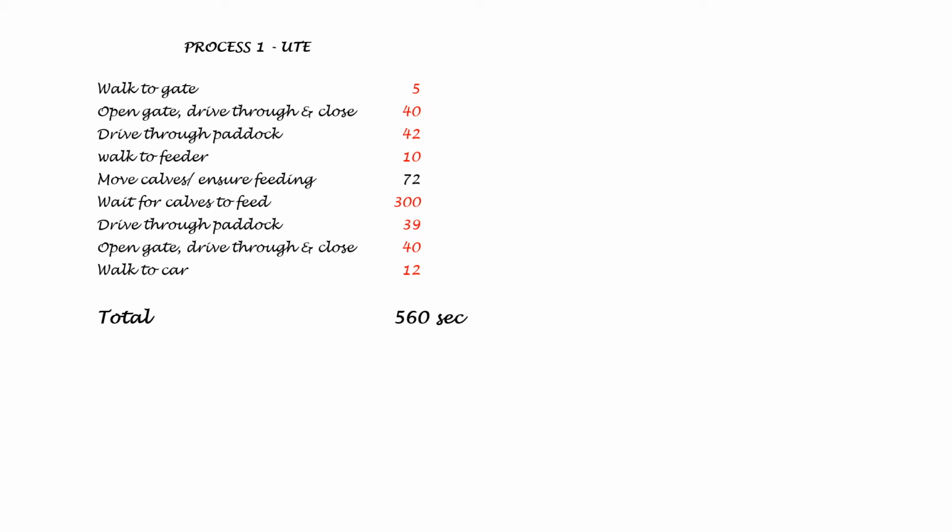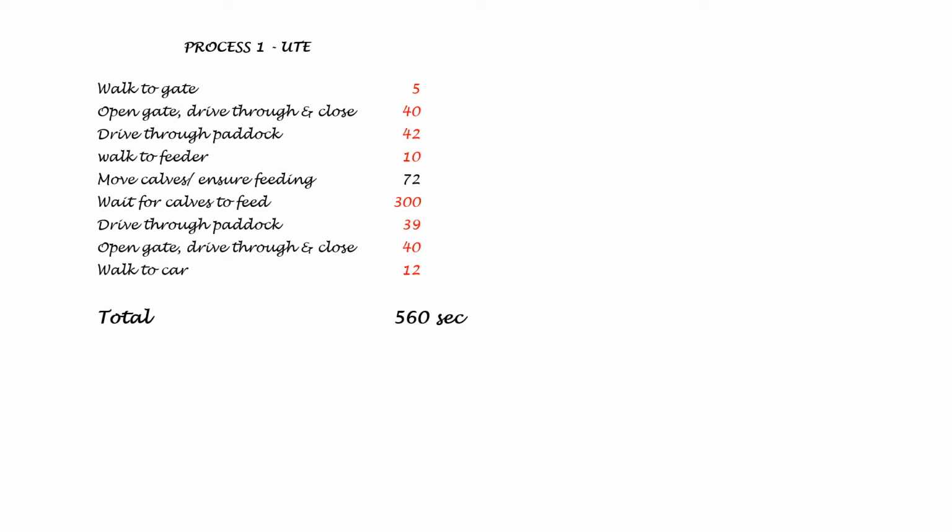Now, this activity here called move calves and ensure feeding, with 72 seconds, I've been quite generous here in saying that that's value added, but in fact this is a quality control activity. This is us checking that the calves are in fact feeding correctly, and the reason we're having to do that is because our process isn't designed 100% fail safe to ensure that automatically those calves are right on that feeder and feeding.